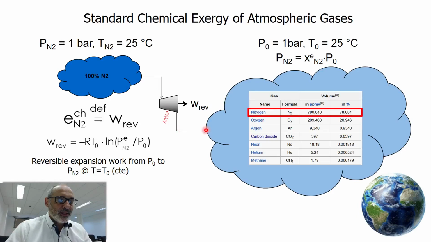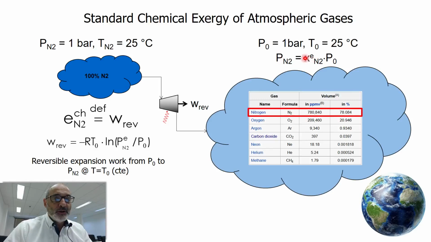I'm going to allow this expansion to occur because here I have nitrogen at 1 bar, and in the atmosphere the partial pressure of nitrogen is only 0.78 bar. So I have a lower pressure.